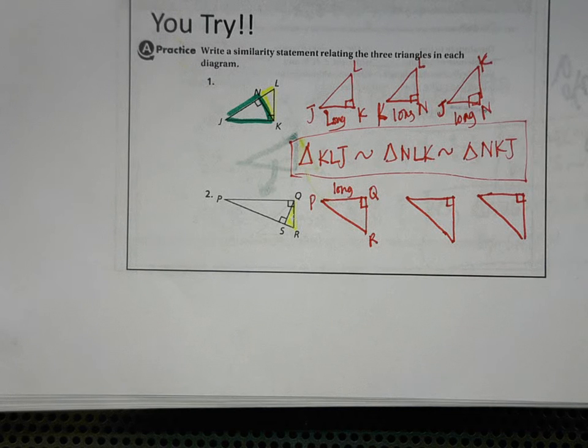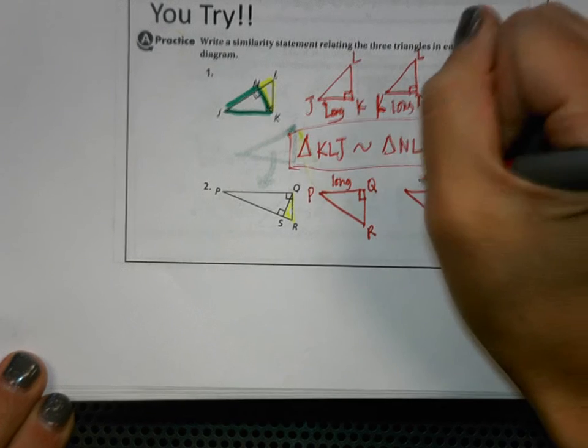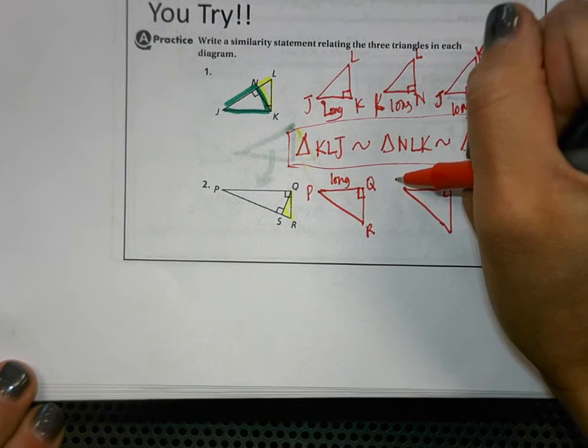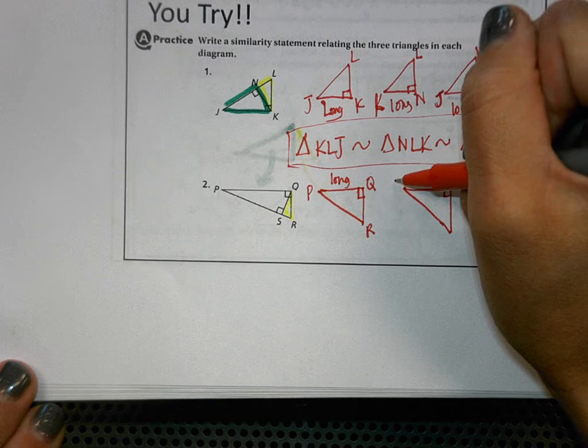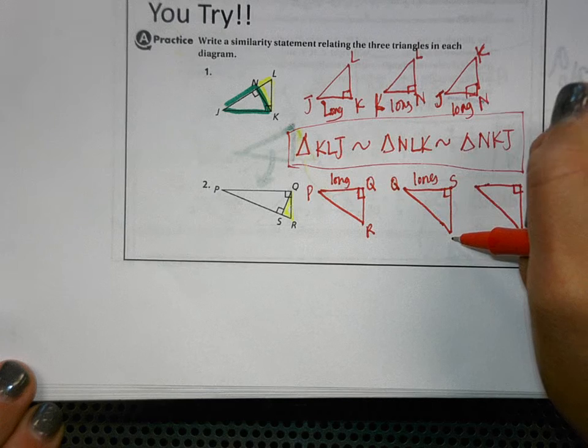So the 90-degree angle is what? S. Okay, and if this is the long side, what letter should end up going over here? Q. And this one is R.